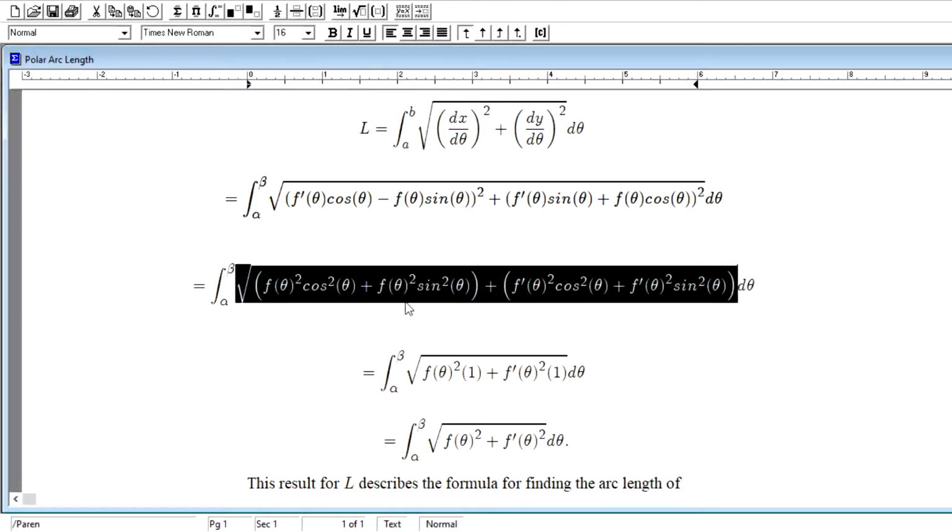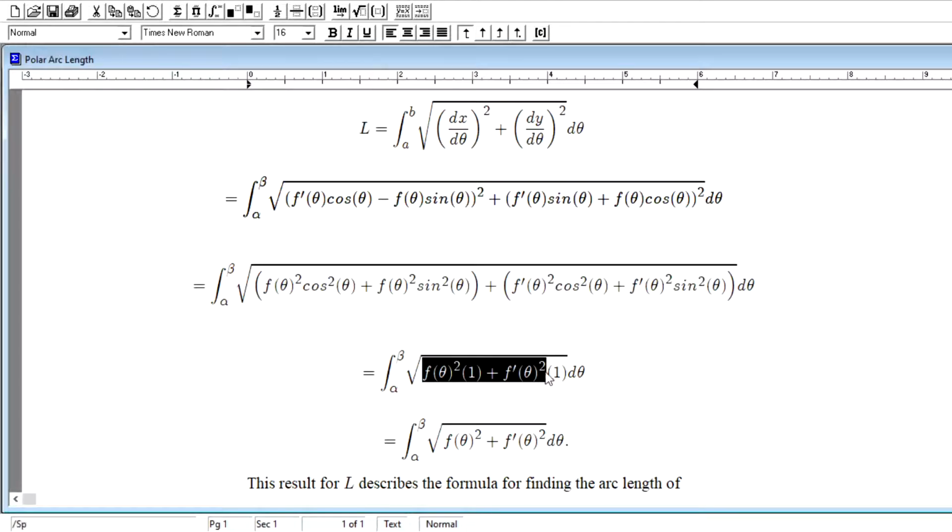So the value under the radical simplifies further by grouping and then converting the cosine squared theta plus sine squared theta into the value of 1, and we produce f of theta squared times 1 plus f prime of theta squared times 1 under the radical, which becomes the square root of f of theta squared plus f prime of theta squared, d theta.